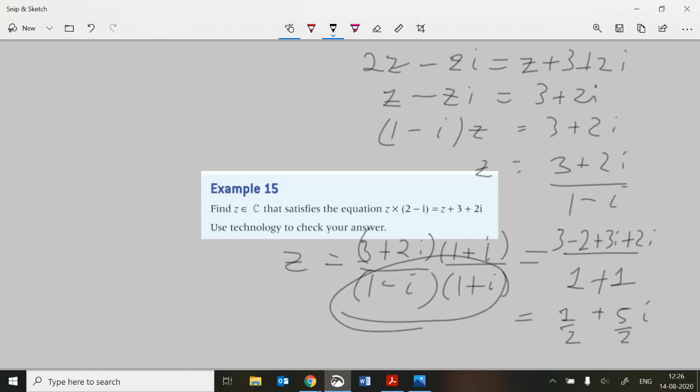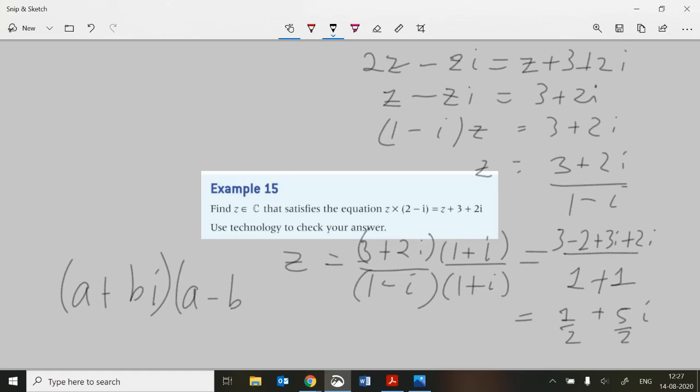It's interesting to note that on the bottom, when we times a plus bi by its complex conjugate, a minus bi, you're getting out a squared plus b squared, which is the same as the modulus of z, our original number.